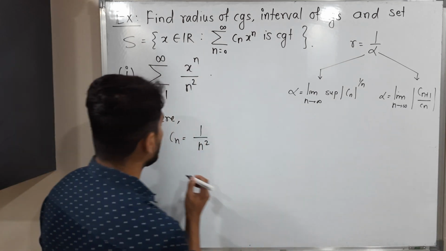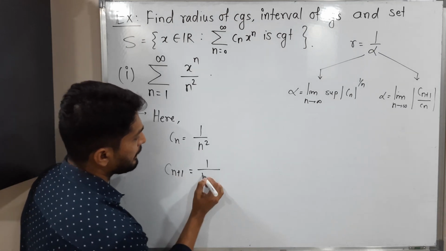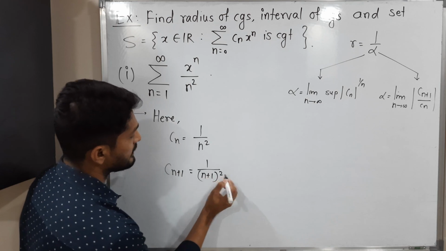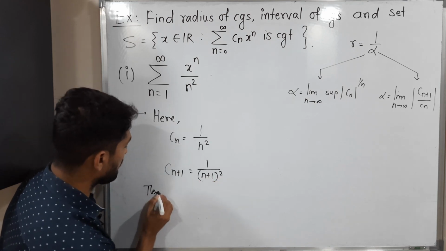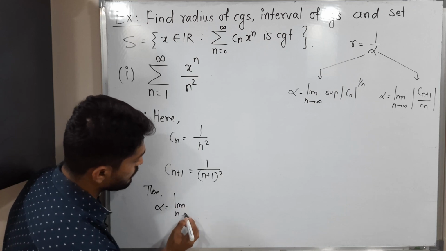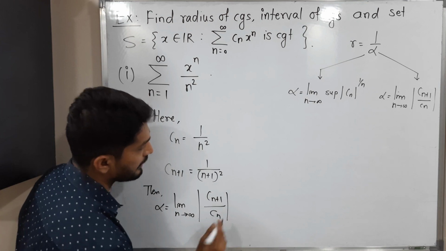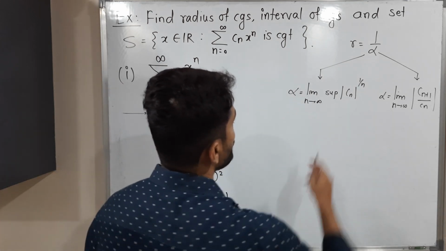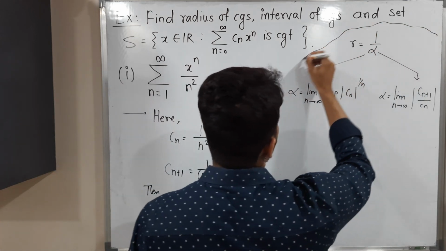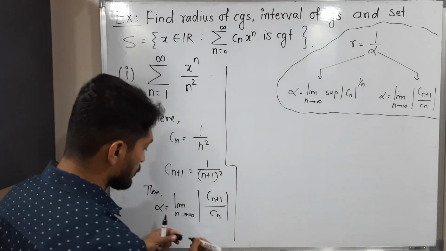For the second formula, we need to have Cn plus 1 also. Let us replace n by n plus 1. I got Cn plus 1. Then I will use the formula of alpha, which is limit n tends to infinity mod Cn plus 1 upon Cn.